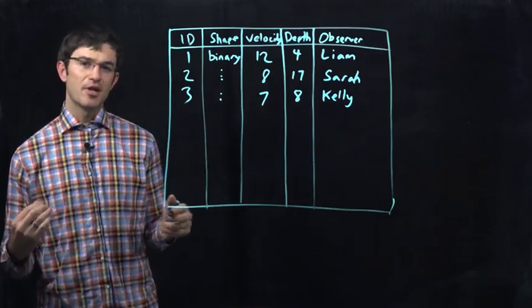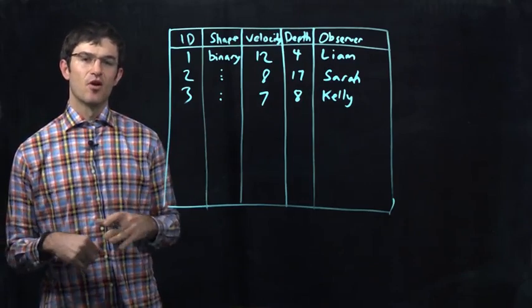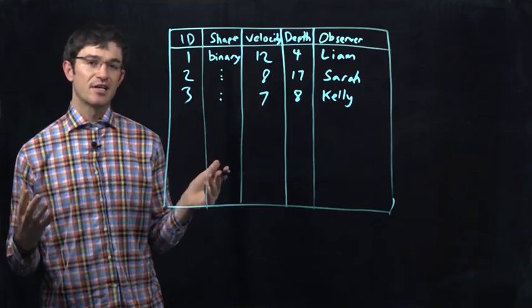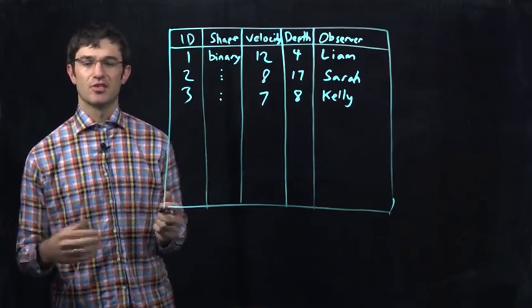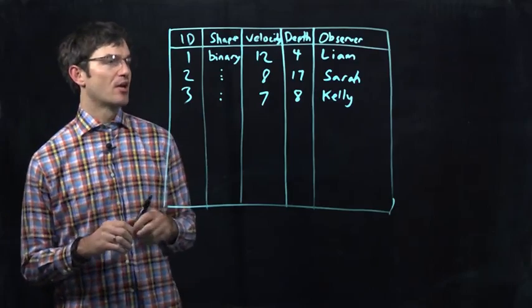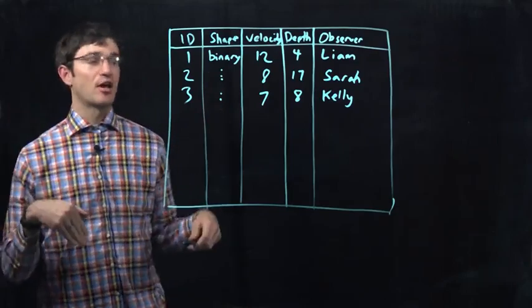So the next thing we might want to do with this data table would be to add a field indicating when this information was collected so that we can track observations across time.